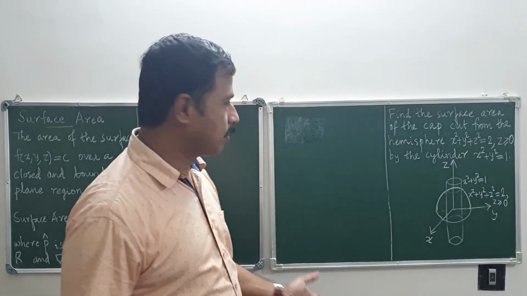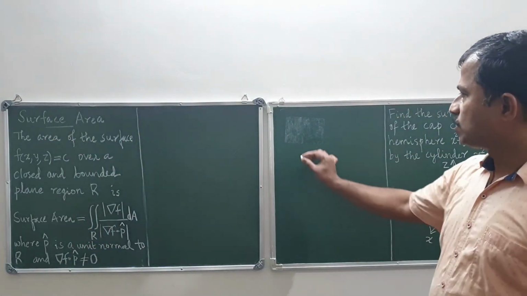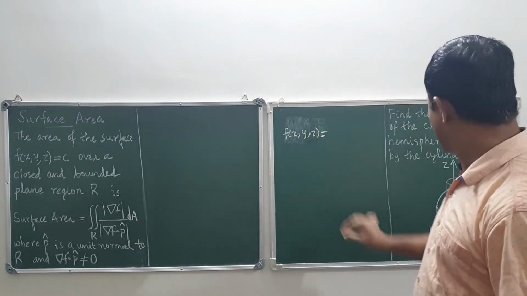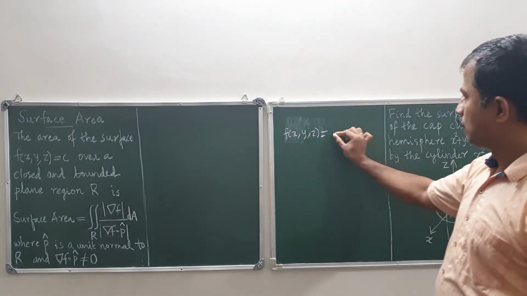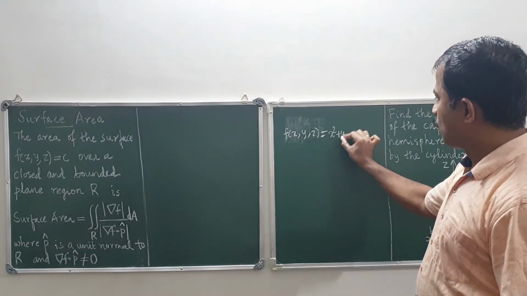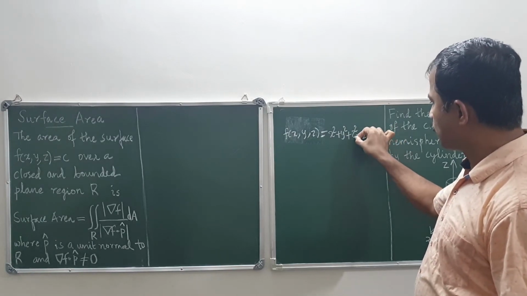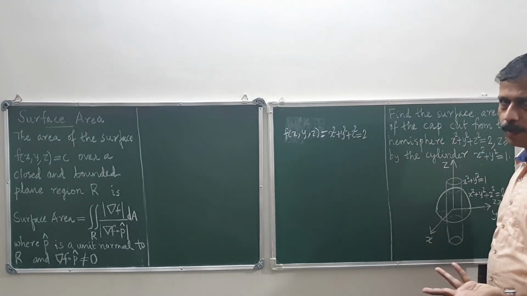What is the f here? Comparing, what will be our surface here? Our surface f of x, y, z is x square plus y square plus z square is equal to 2. So x square plus y square plus z square minus 2 equal to 0, no problem.